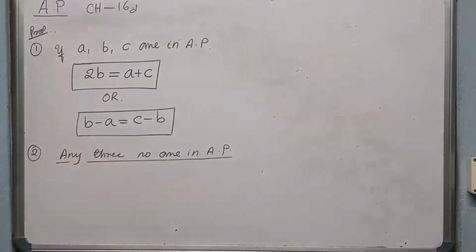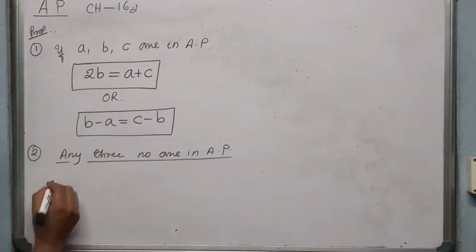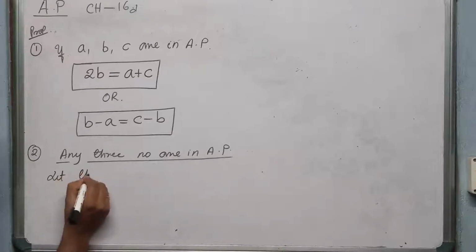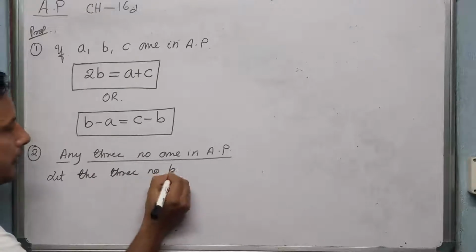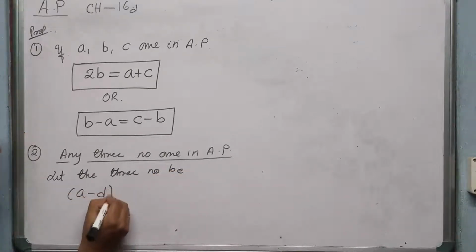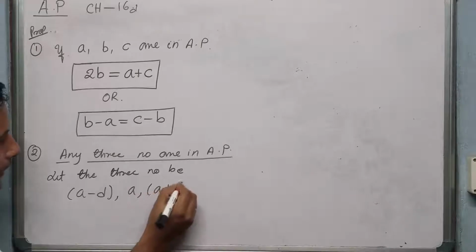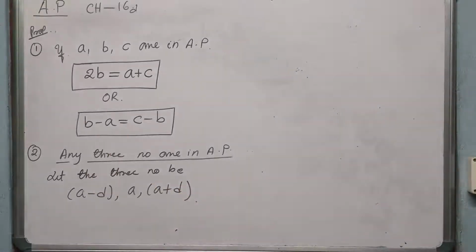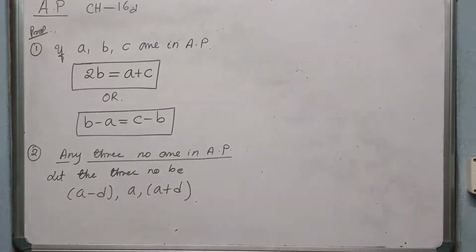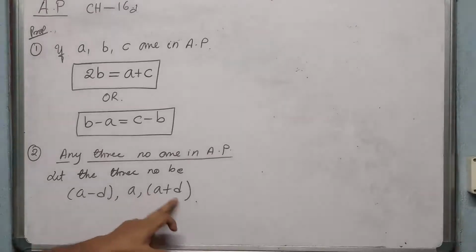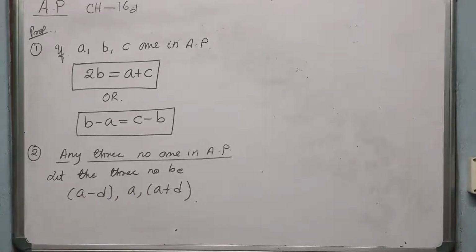Any three numbers that you have to substitute yourself, let the three numbers be A minus D, A, A plus D. Now let us suppose these three are the sides of a right angle triangle. The three sides of a right angle triangle are in AP means let the three sides be A minus D, A, A plus D. In that way you have to substitute these values.